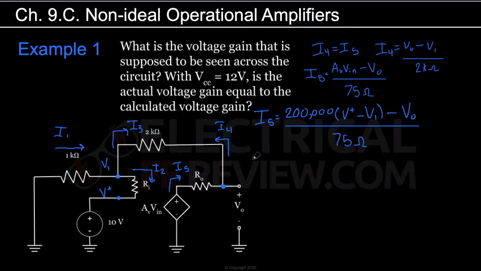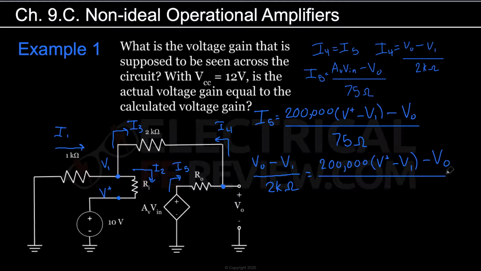So we have V out minus V1 divided by 2 kilo ohms is equal to 200,000. I'm not going to distribute it just to save space. Minus V out, all over 75 ohms.